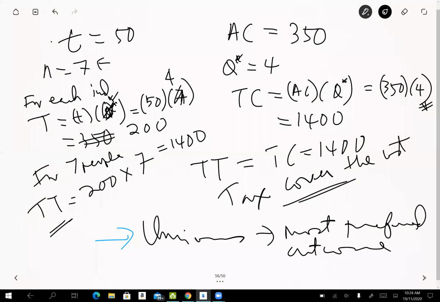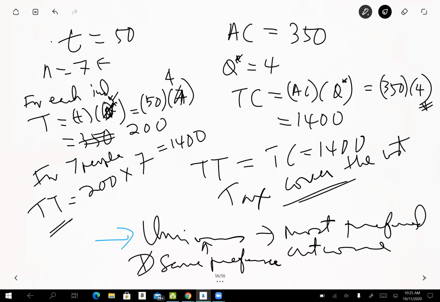So with the same preference, everybody votes yes, it's a unanimous choice, and everybody gets the most preferred outcome.